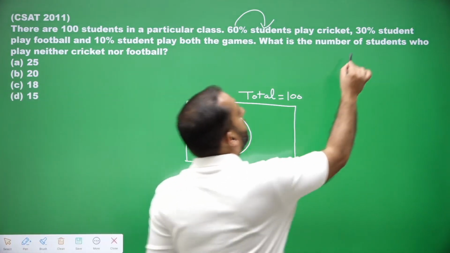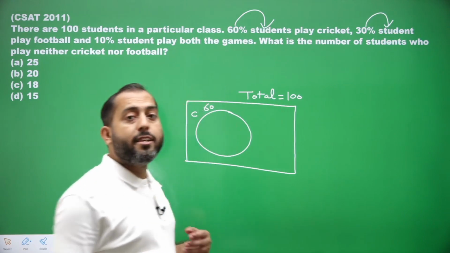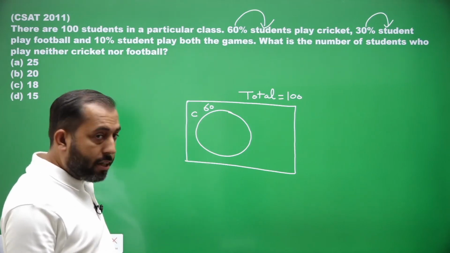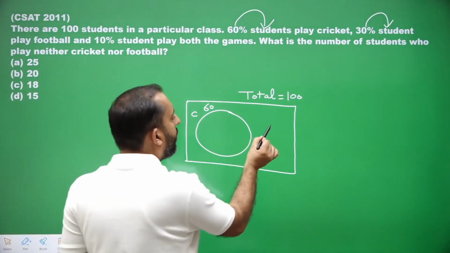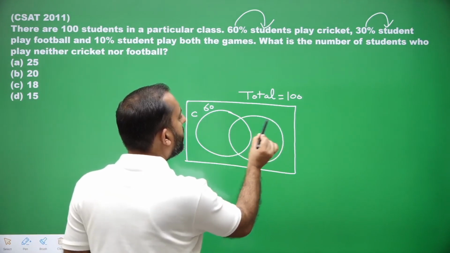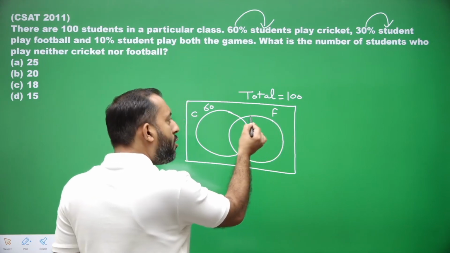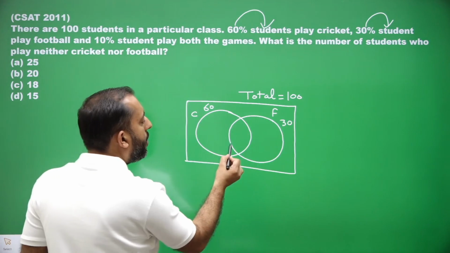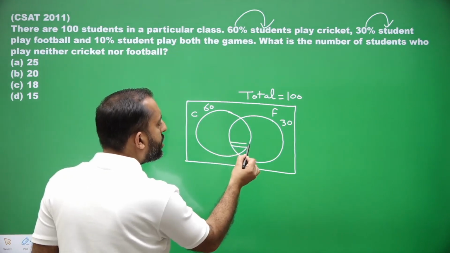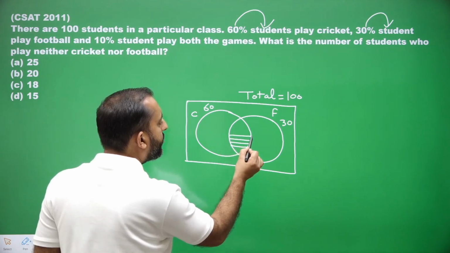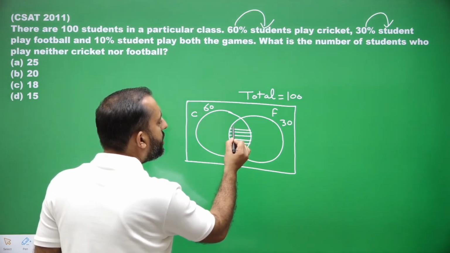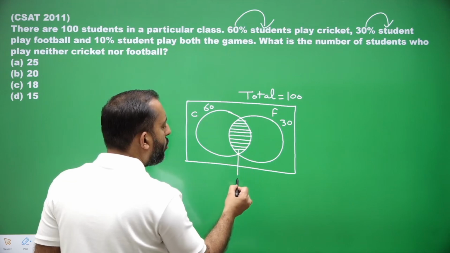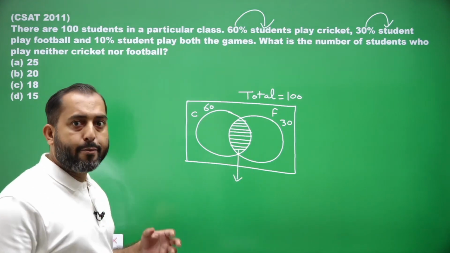30% of students play football. What is 30% of 100? 30% of 100 is 30 only. So out of 100, 30 students can play football. So the value of this complete circle of football is 30. Now this region, which is formed because of the intersection of cricket and football, will represent the count of those students who play cricket as well as football.